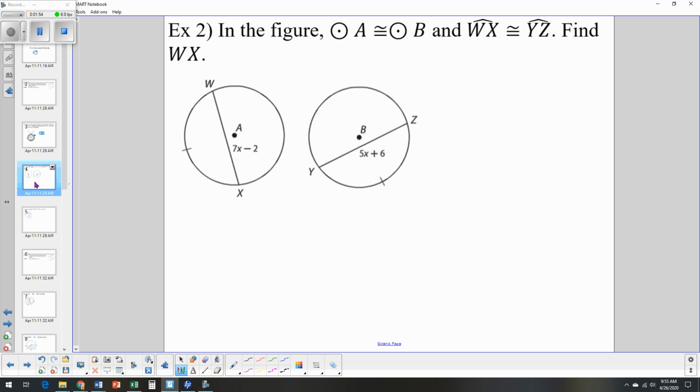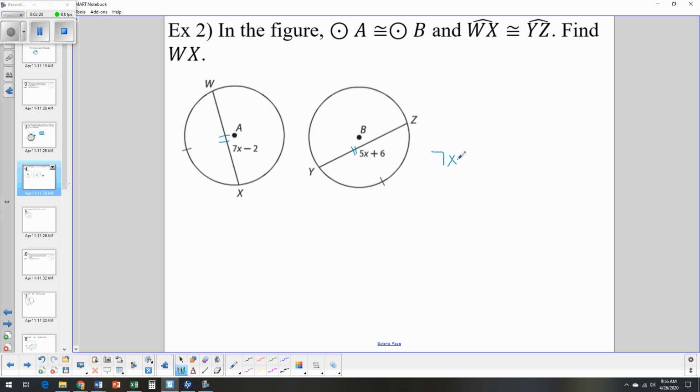In example 2, we have circle A is congruent to circle B. So these circles are exactly the same size. And they're telling me that arc WX is congruent to arc YZ. So since these two arcs are congruent, their corresponding chords would be congruent. So I know 7x minus 2 is equal to 5x plus 6.